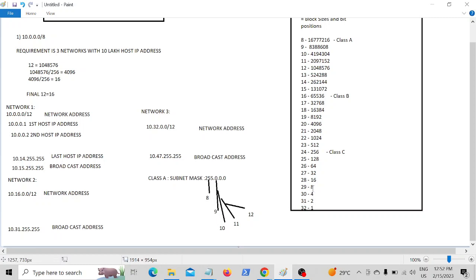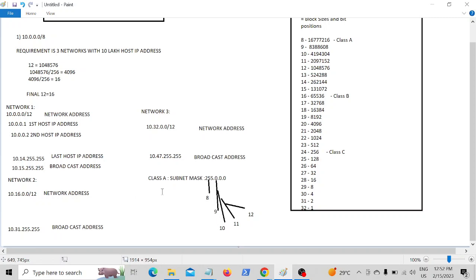1, 2, 4, 8, 16, 32, 64, 128. You have to consider the first 8 bits. Now the requirement is 1, 2, 3, 4, so you have to add the first 128, 64, 32, 16. What will be the answer?